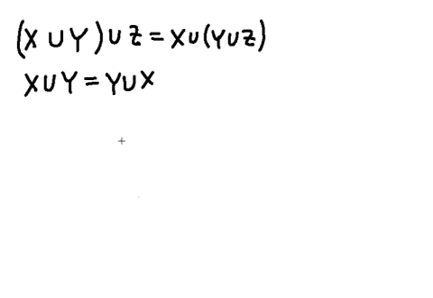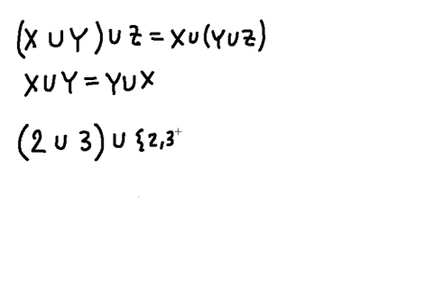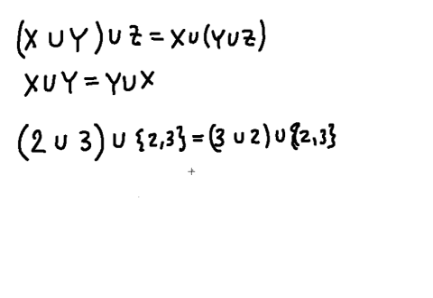So let's write 2 for that. 2 union with 3, union with the set whose elements are 2 and 3. And we could do something similar to what we did before. We could represent this as 3 union with 2, union with {2, 3}, and then rearrange the brackets to get it in this form.